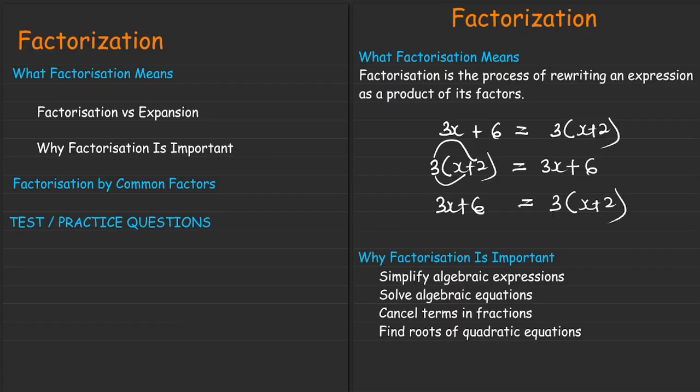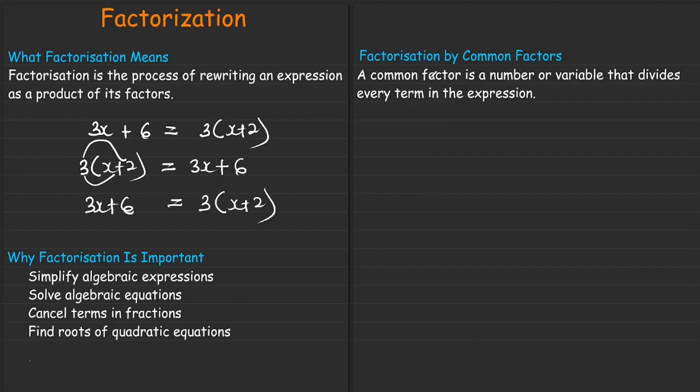Now, there are so many methods of factorization, but for this introductory video, we'll be looking at factorization by common factors. When we talk of a common factor, it is a number or variable that divides every term in an expression.